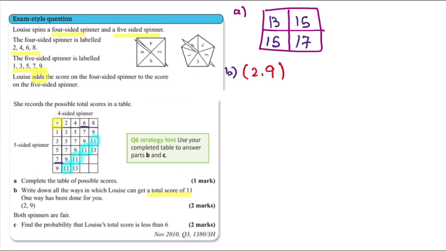The first one is done for us already, which is 2 and 9. The next combination is 4 and 7, so I'm going to write that down. The third one is 6 and 5. And the fourth one is 8 and 3.